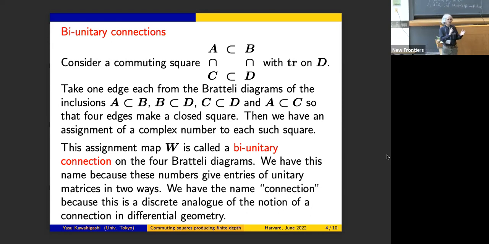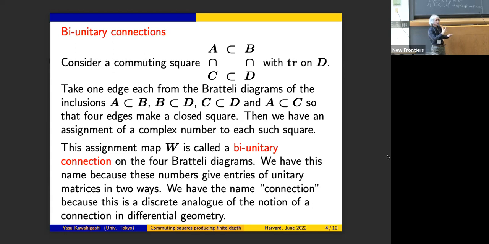For A, we have finitely many full matrix algebras, so we have a dot for each simple summand, and also a dot for each simple summand of B. Then if we have some inclusion from one summand to another summand, we draw edges between them, possibly with multiplicity. In this way, we get a bipartite graph for the inclusion A contained in B.